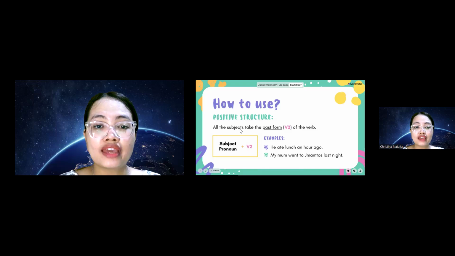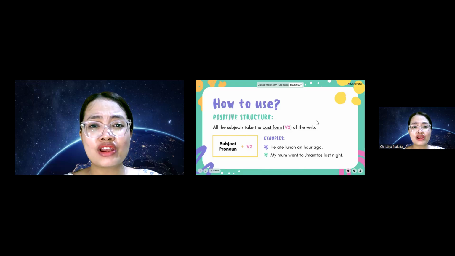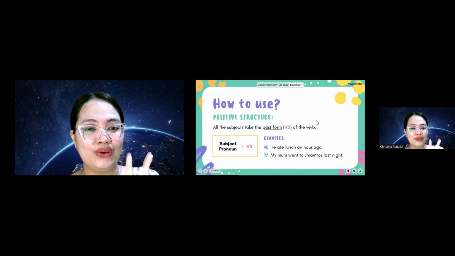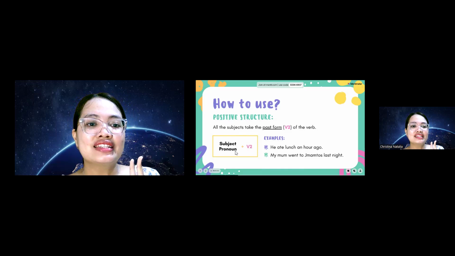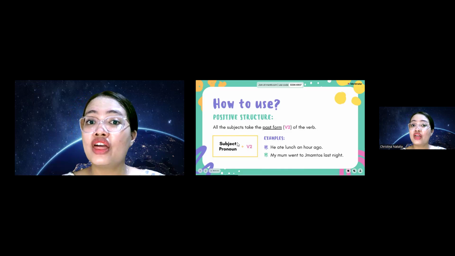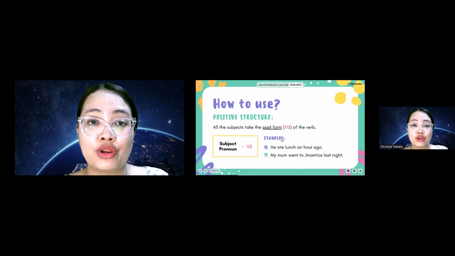The first one is positive structure. All the subjects take the past form, or verb two, of the verb. Remember, positive structure uses verb two: subject pronoun followed by verb two, and then object, complement and time expression.